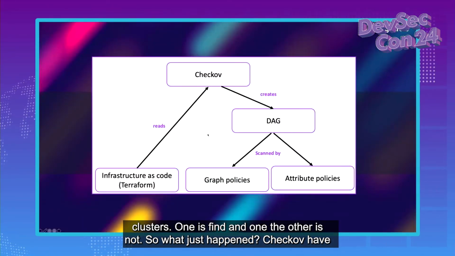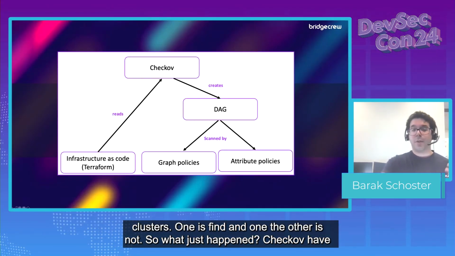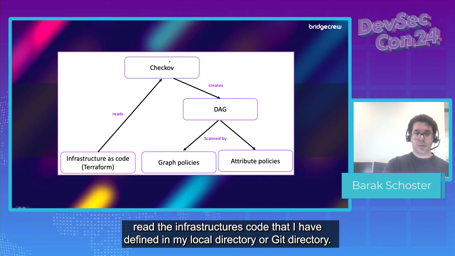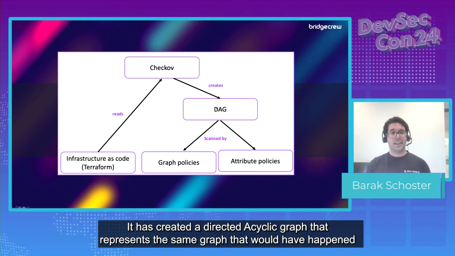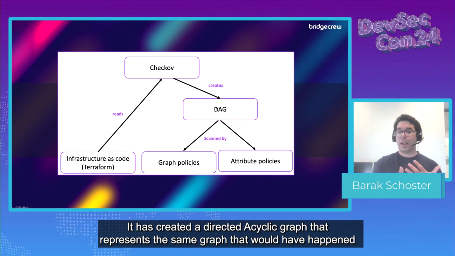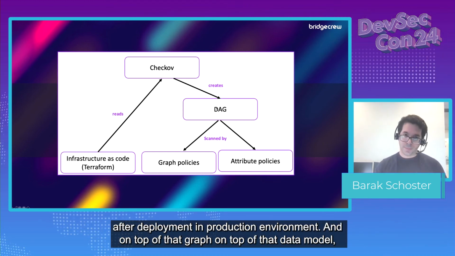So what just happened? Checkov has read the infrastructure as code that I have defined in my local directory or Git directory. It has created a directed acyclic graph that represents the same graph that would have happened after deployment in production environment.